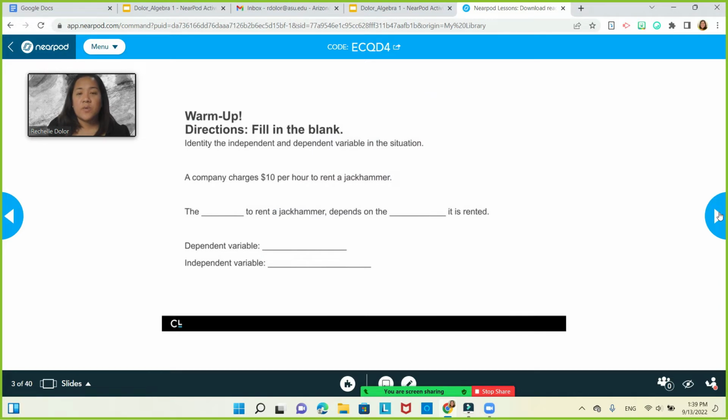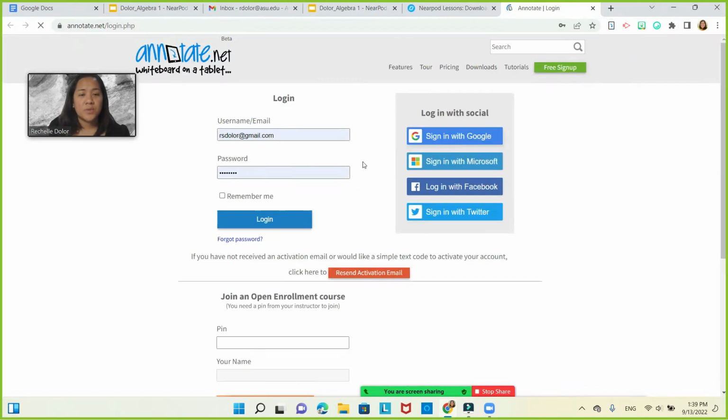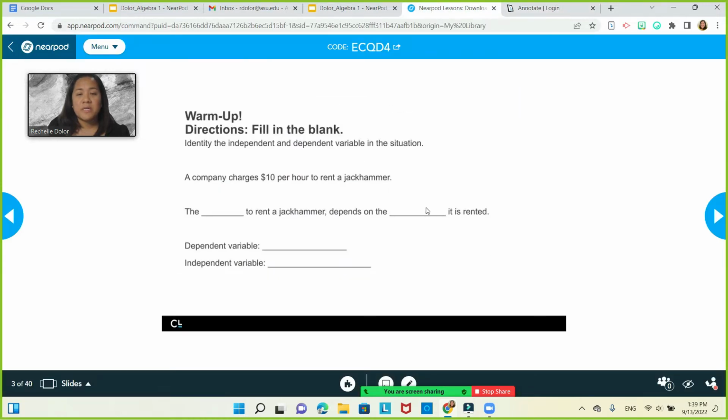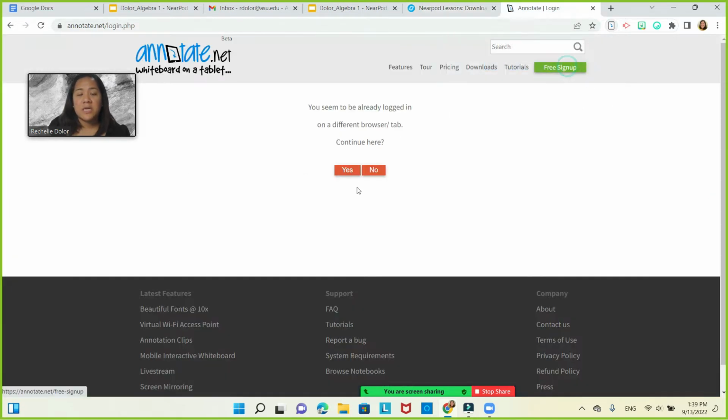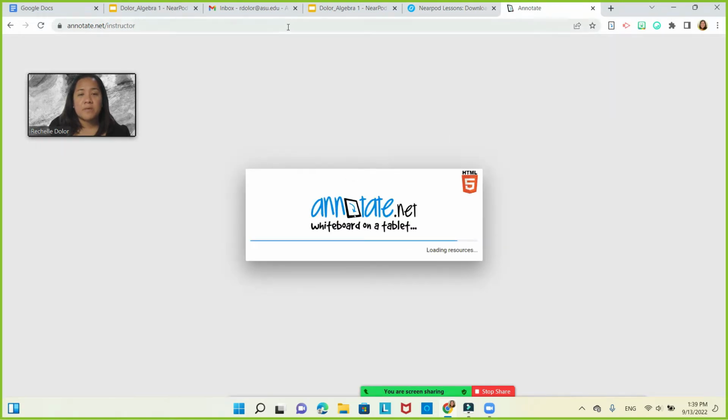All right, as a warm-up, I would like you to give yourself a chance to answer this Nearpod activity. Directions, fill in the blank, identify the independent and dependent variable in the situation, okay? So give yourself a chance to read that.